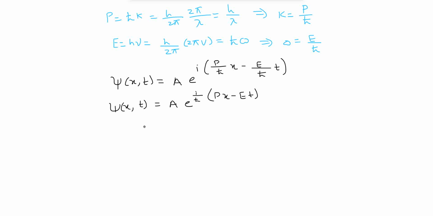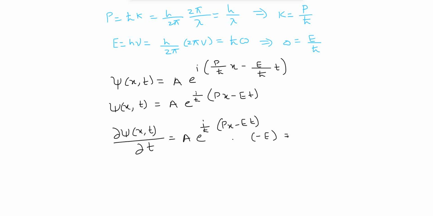Now, when we do partial differentiation of this wave function with respect to time, that is dou psi of x comma t by dou t, we get minus E, multiplied with the i by h cross.